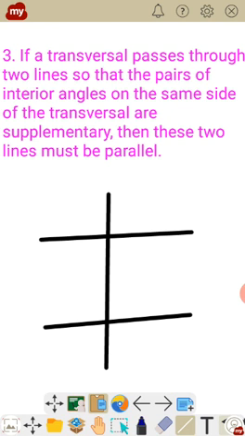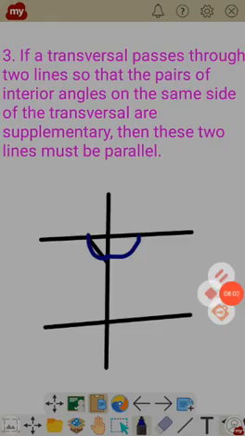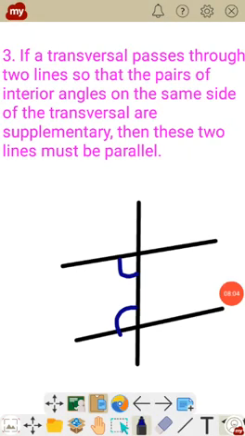First we will find the interior angles which are on the same side of the transversal. So here you can see these are the interior angles on the same side of the transversal, and what is the condition? That it should be supplementary.